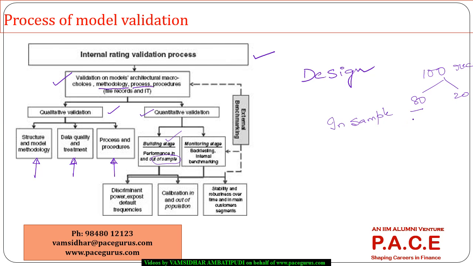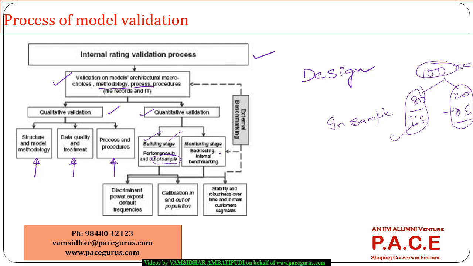The 80 is called the in-sample data, and the 20 is called the out-of-sample data. You will build the model with only 80 of them, though you have 100 samples with you. That is the in-sample, but you will observe the testing part using the out-of-sample. So that's one way you can do the validation.